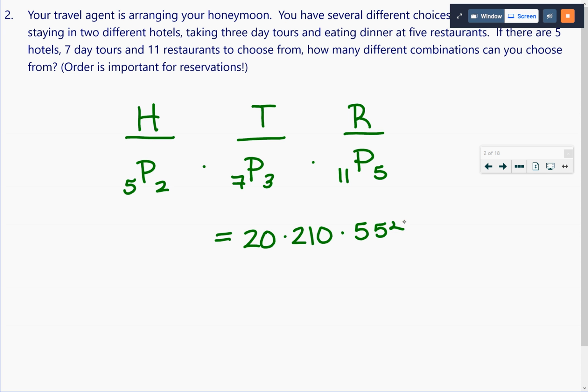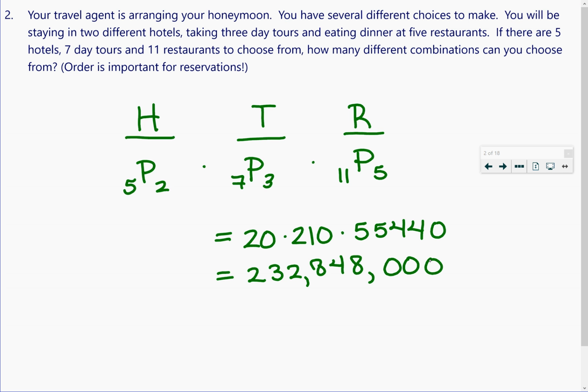There's a lot of choices there. 5, 5, 4, 4, 0. Times 210 times 20. You can type it all in at once if you want. Final answer 2, 3, 2, 8, 4, 8, 0, 0, 0. About 233 million options. Okay. Questions on number 2?